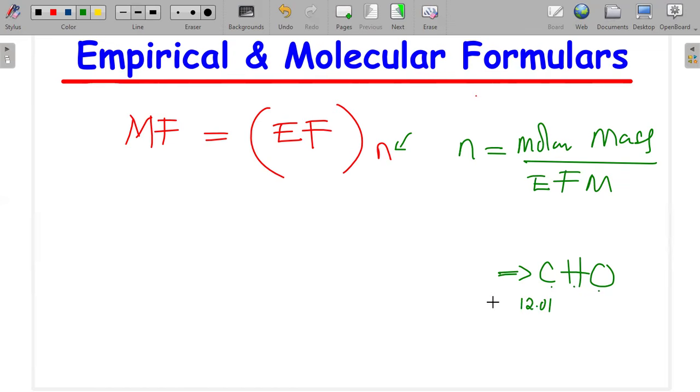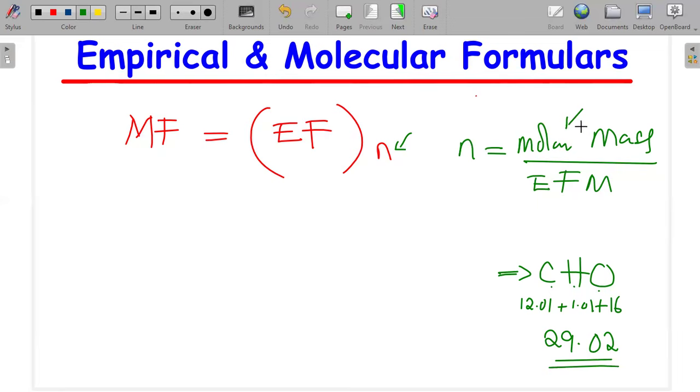You get it from the periodic table. Plus the hydrogen is 1.01. Plus the oxygen is 16. So when I add all this, my empirical formula mass will be 12.01 plus 1.01 plus 16, which is 29.02. So this is my empirical formula mass.